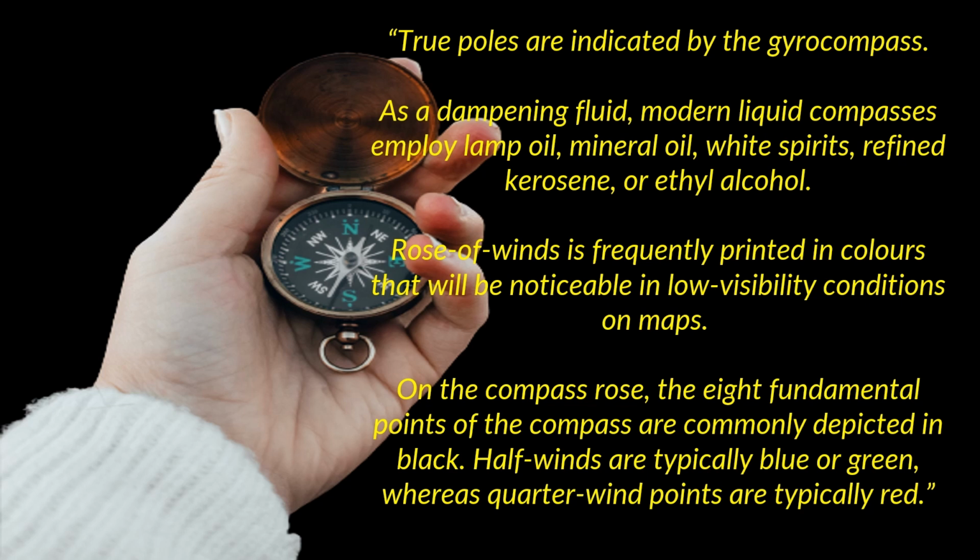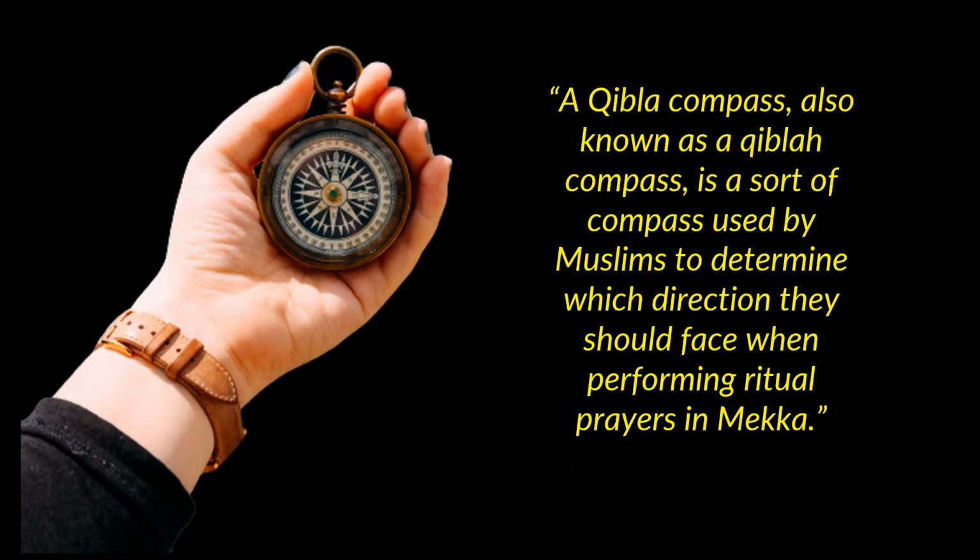Half winds are typically blue or green, whereas quarter wind points are typically red. A Qibla compass is a sort of compass used by Muslims to determine which direction they should face when performing ritual prayers in Mecca.